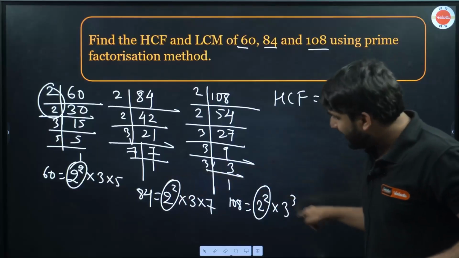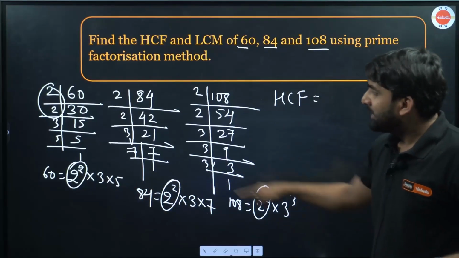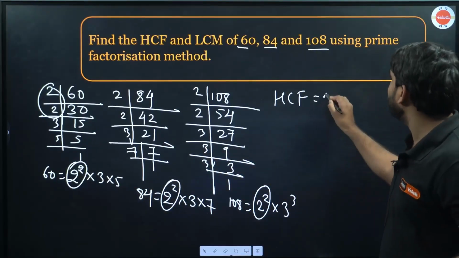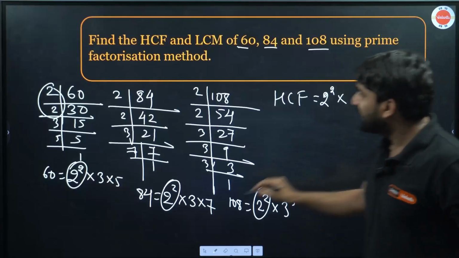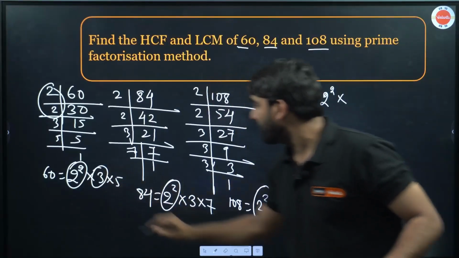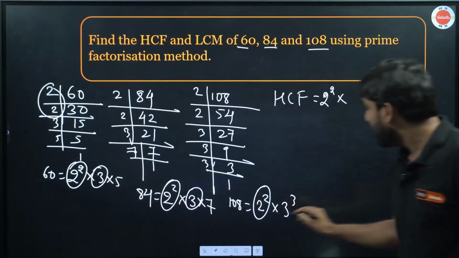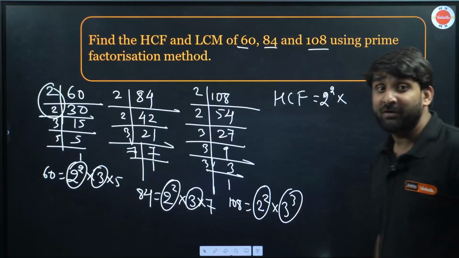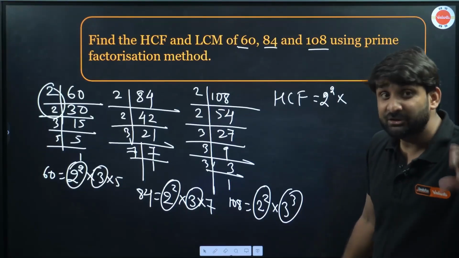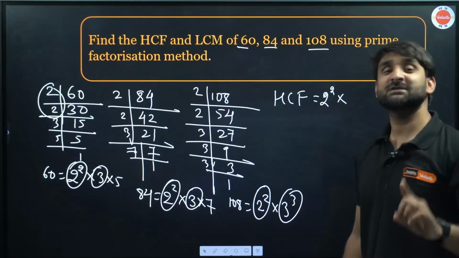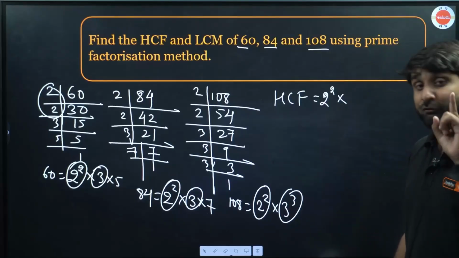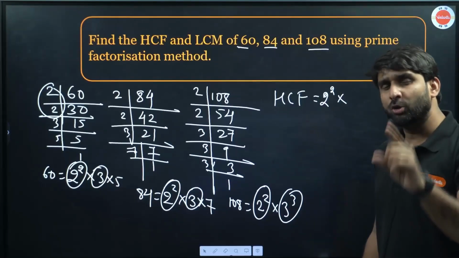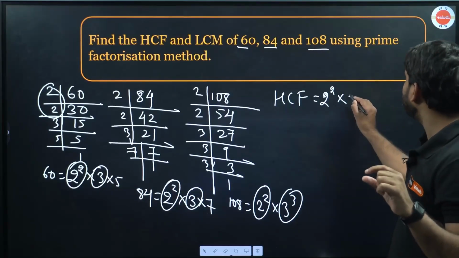So in every prime factorization, 2 to power 2 is common, so we can write here 2 to power 2. Now let's take 3. Here 3 to power 1, here 3 to power 1, here 3 to power 3. Which power will be considered? 3 to power 1. Why? Because we are calculating here HCF. So for HCF, always make sure to take the lowest power. So we can take here 3.